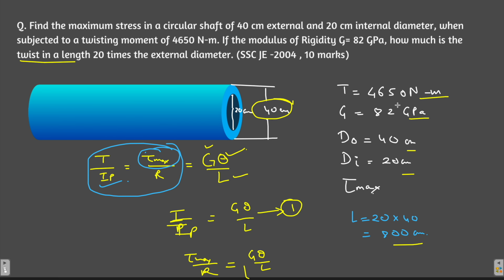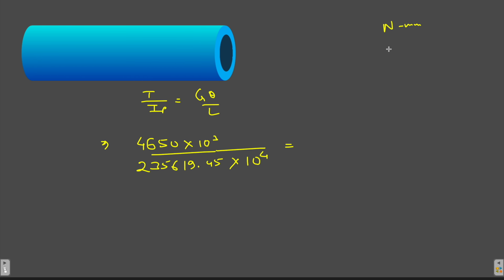Now, what is the value of G? It is 82 gigapascals. Let me teach you about the unit conversion. 82 gigapascal means 82 into 10 to the power 9 pascals, or we can say 82 into 10 to the power 3 megapascals.